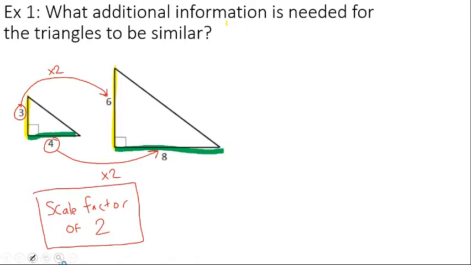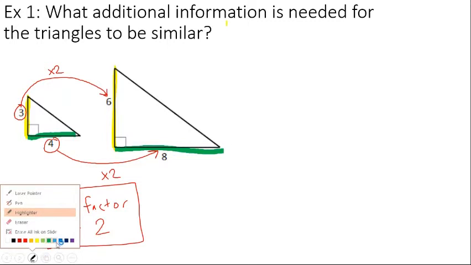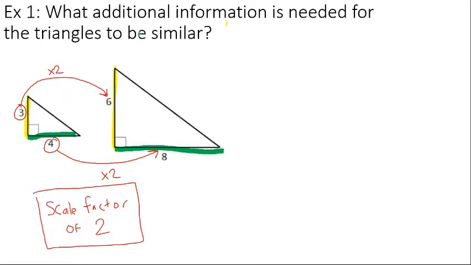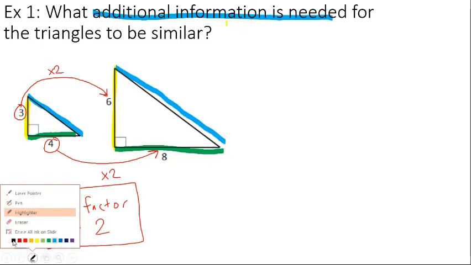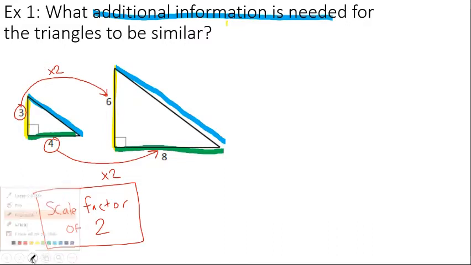And when it says what's missing, it says what additional information is needed. We need this side and this side. So we need these two sides.